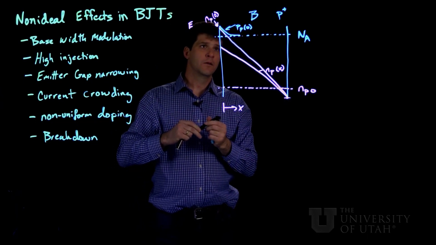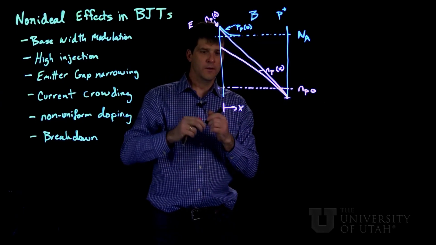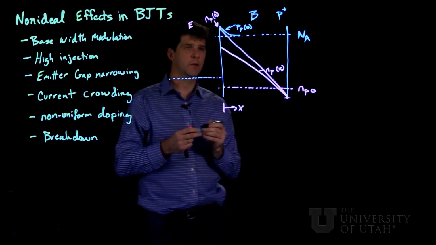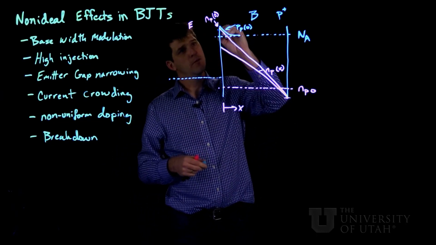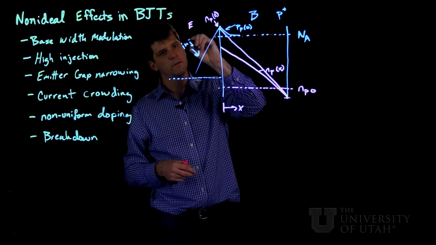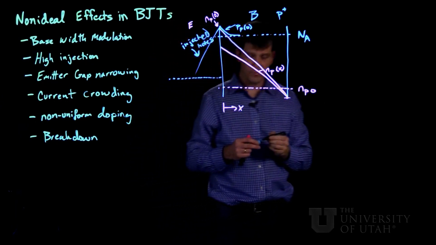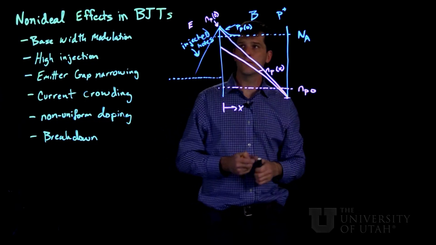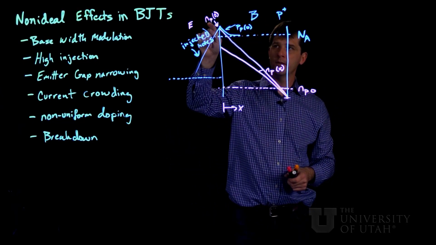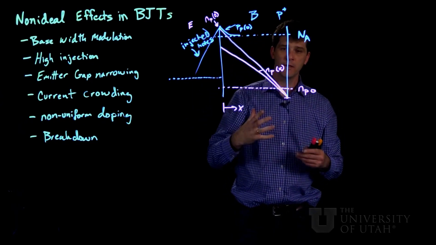emitter side, the holes are a minority species on this side, and their equilibrium concentration might be down like this. So this means you're going to start back injecting some holes into the emitter as we increase this injected electron current higher than this doping in the base.